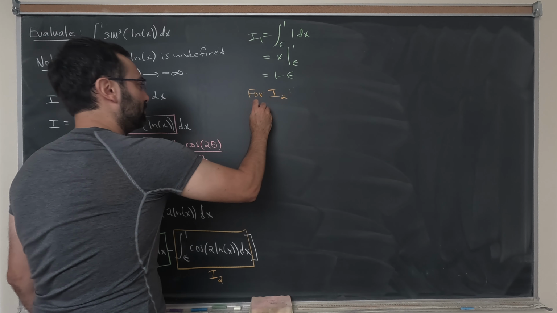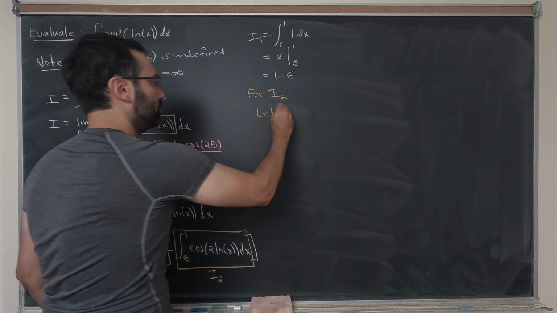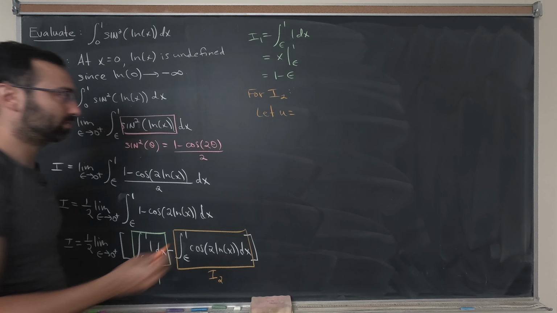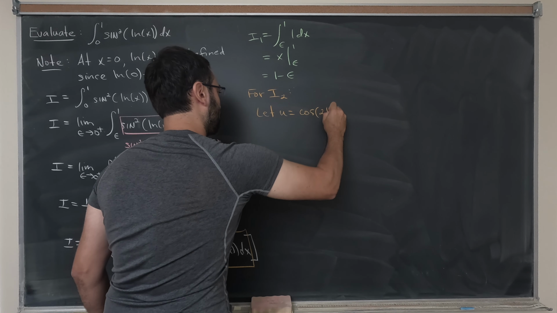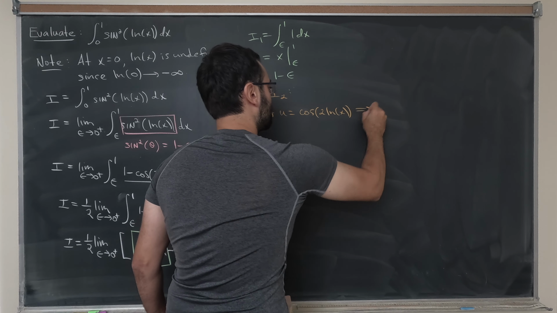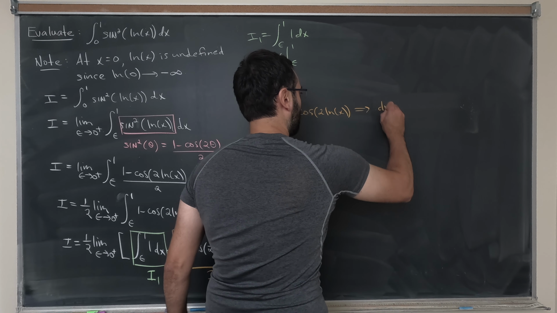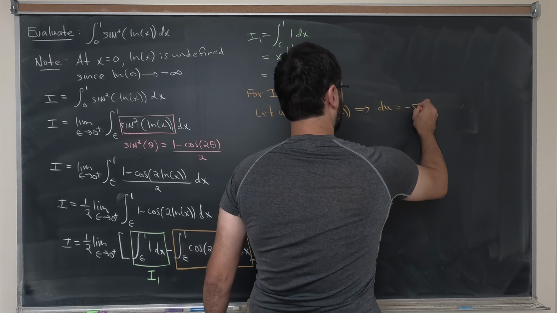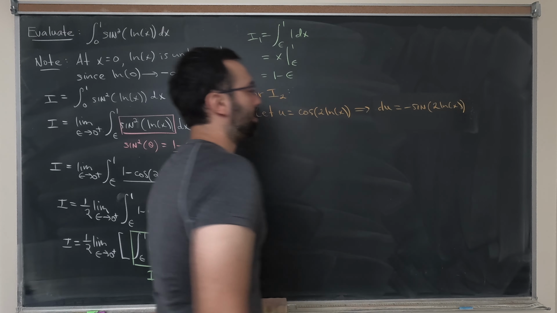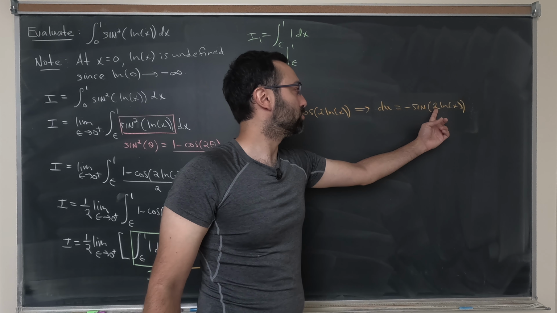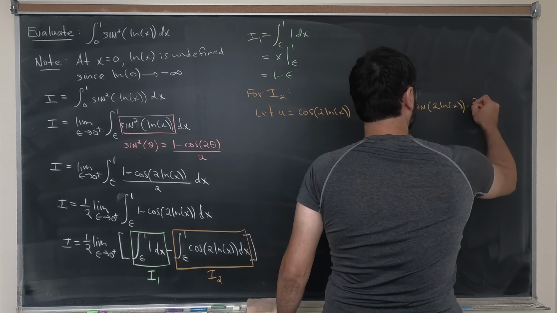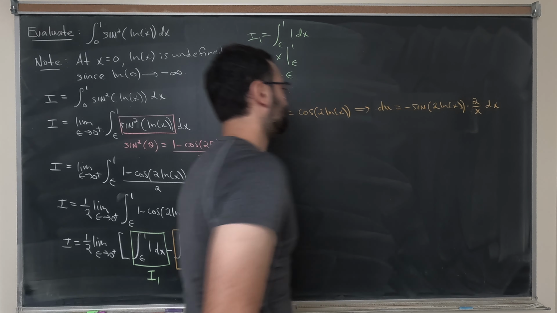So we'll let u equal what we see here, cos of 2 ln of x. And if that's u, that implies that du is minus sine of 2 ln of x times the derivative of the inside, use chain rule, so 2 times the derivative of ln of x, that's 2 times 1 over x, dx.